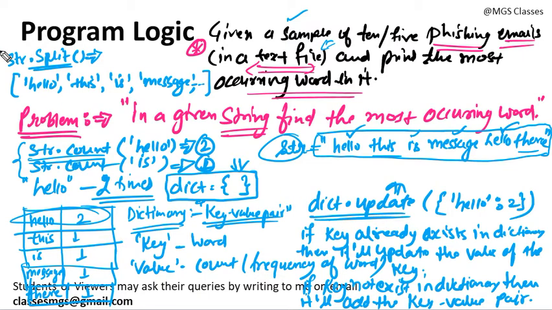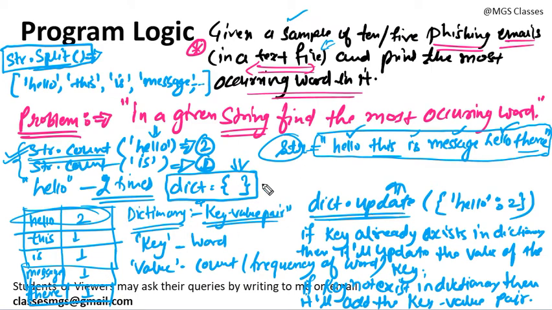So first, you should know what the split method does: given a string, it will directly return the list of the words in that string. Then the count method will help us get the count of the word we want. Let's suppose we want to count hello, then you use str.count and pass the word, and it will return the count of the word in that string.